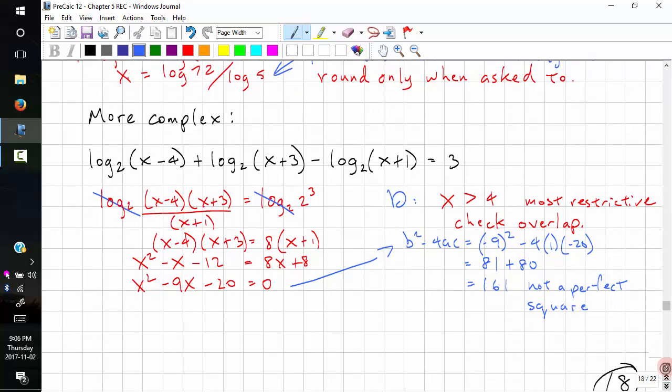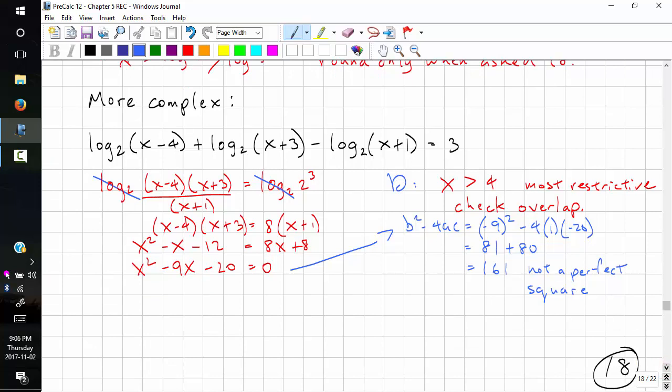This means we should use the quadratic formula. So x equals minus b, that's minus negative 9, plus or minus square root. We've already calculated the discriminant, so let's plug that in. And 2 times a, that's just 2 times 1. Simplify this a bit. 9 plus or minus square root 161 over 2.